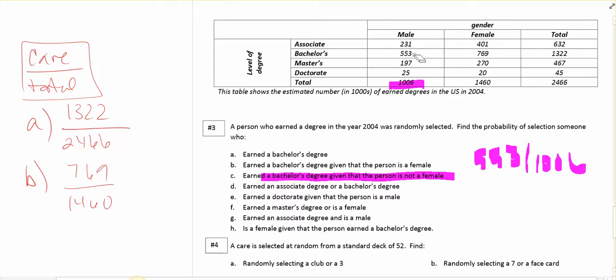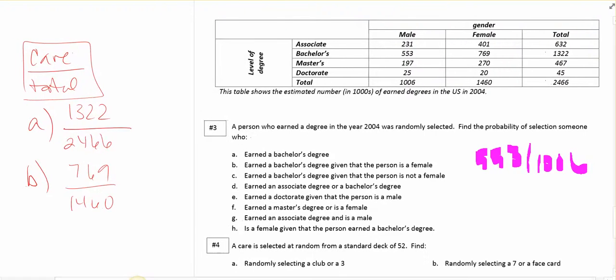It's got an or statement in it. Uh-oh. Living on the edge here. So right here, or, right? So I want an associate's or a bachelor's. Does it have anything given to me? No. So I get to choose out of the total, the 2466. But I want an associate's or a bachelor's. So here's my associate's.